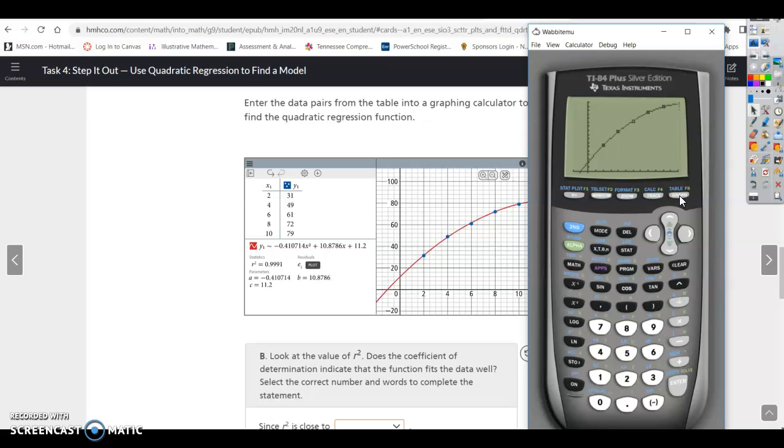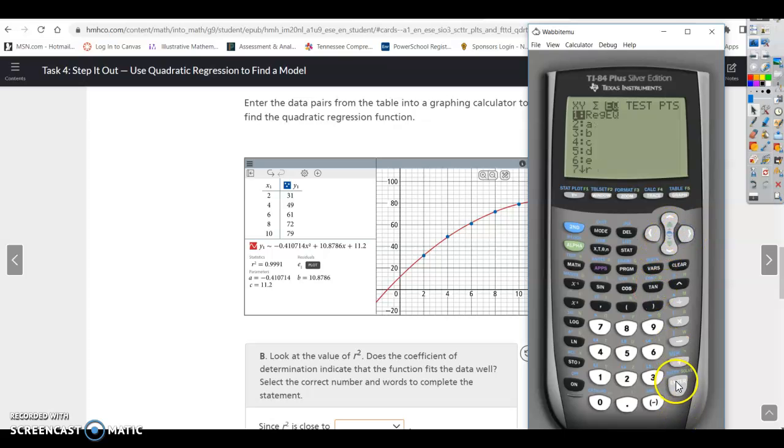And you can tell that that looks like it fits those points. You know, those scatter plots, this looks like it's a 0.999 comparison. So it's a very good model for this set of data. All right, again, you'll go to y equals, vars, stat, 5, and then equation.